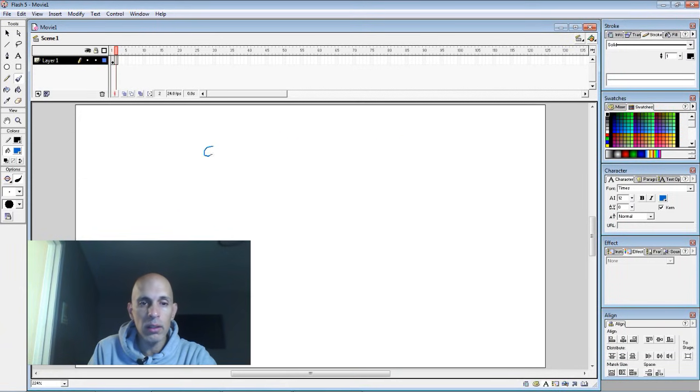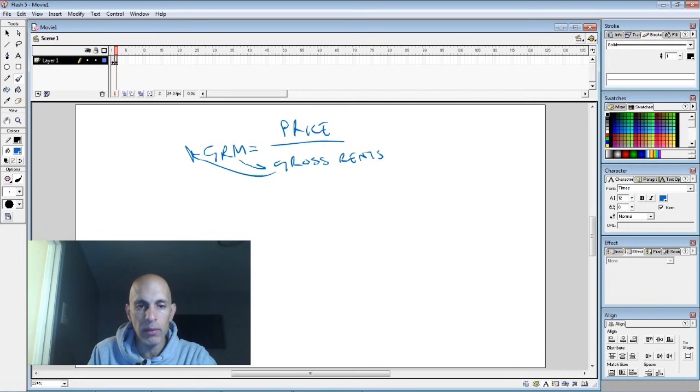So GRM is equal to price divided by gross rents. And this is on an annual basis, so let's swap these two, because you're going to multiply here and then divide by this. So we can just think of that as swapping places.